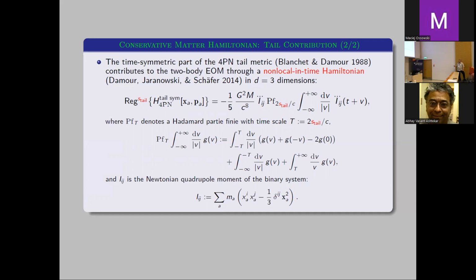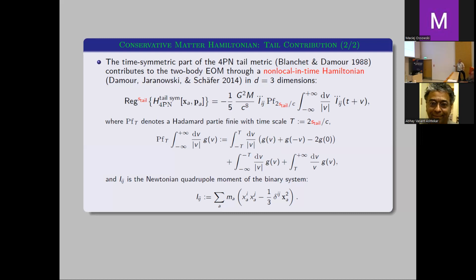Of course, the tail contribution also, as I have said, modifies the radiation reaction. So we need here only, again, the time symmetric part of this tail-related contribution. And this is given by this strange formula in 3 dimensions. So at the moment of completing the fourth post-Newtonian Hamiltonian, we had at our disposal only this 3-dimensional result.